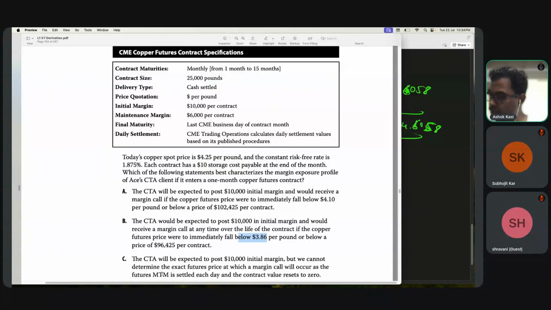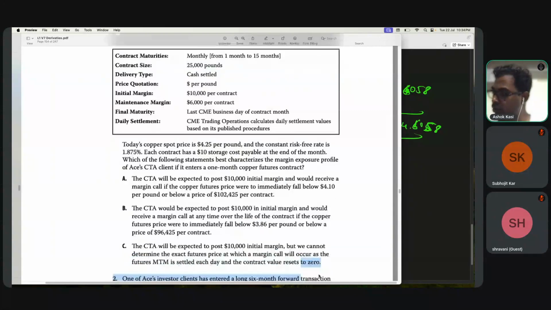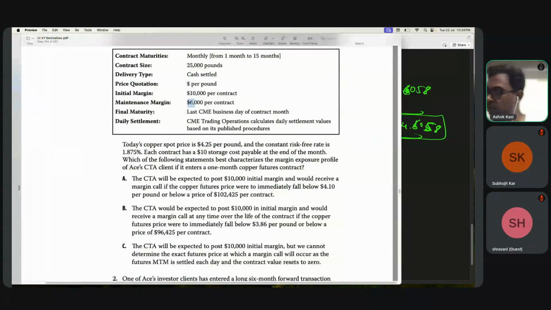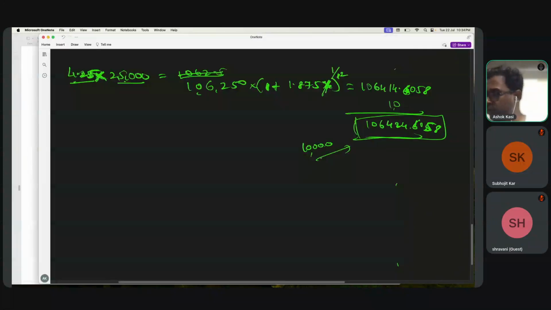But we cannot determine the exact future price at which. Now this is the future price. You are paying 10,000 initial margin. If you are paying 10,000 initial margin, maintenance margin is 4,000. So if it goes down by 4,000, it will come to 6,000.